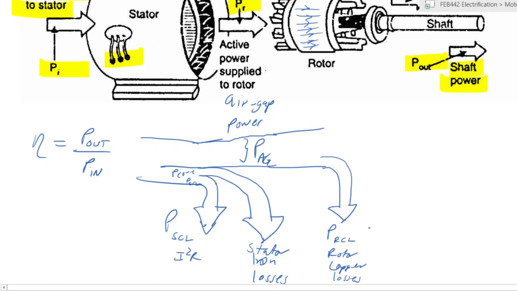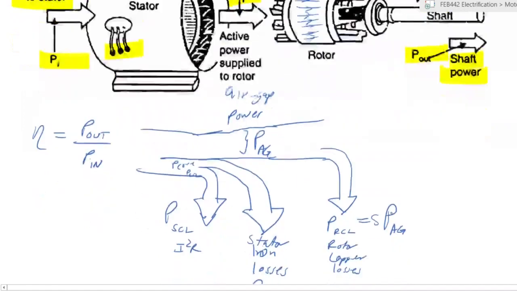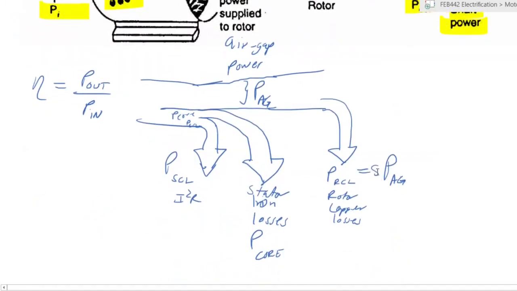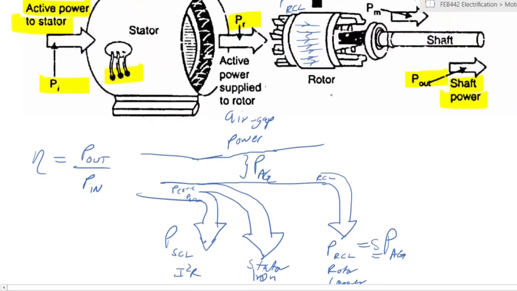Incidentally, PRCL is equal to the slip times air gap power. There's a certain amount of power that is lost, and it is proportional to the slip of the machine.